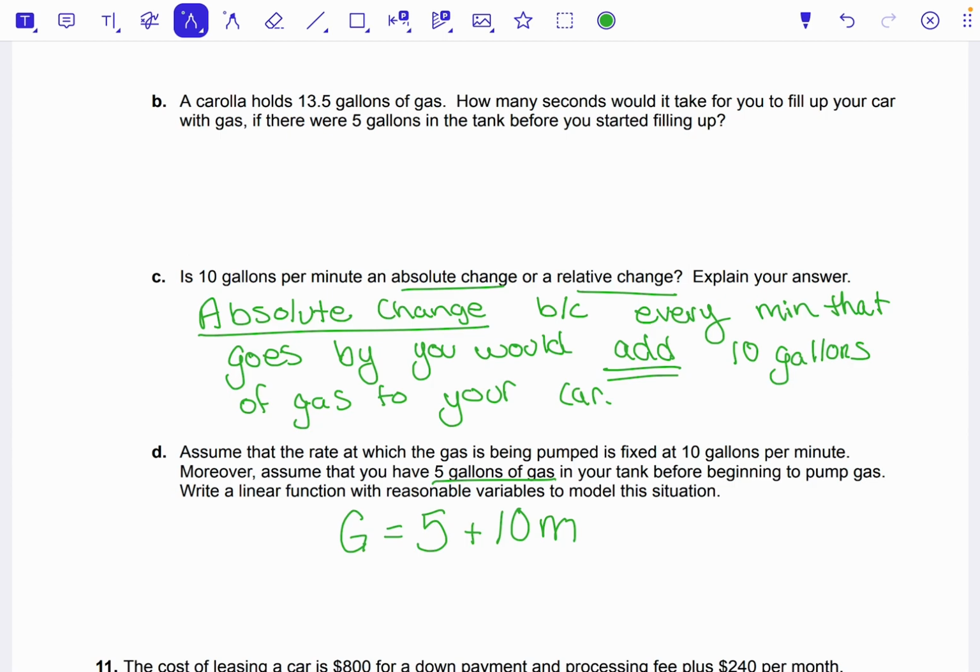So this is the minutes spent pumping gas, and this is total gas in car.